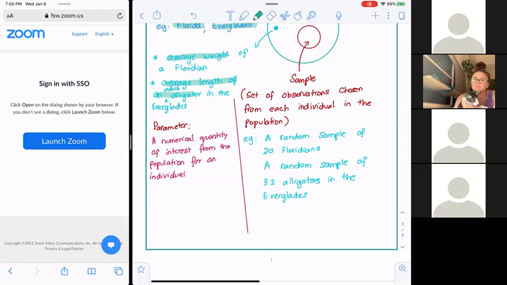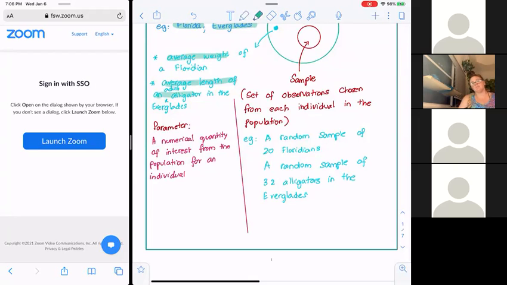Now, it is not possible for us to go and observe every single Floridian and assess their weight to get the average. And it is not possible for us to observe every single adult alligator in the Everglades to get the average length. So what do we do? We have a simple random sample of 20 Floridians.